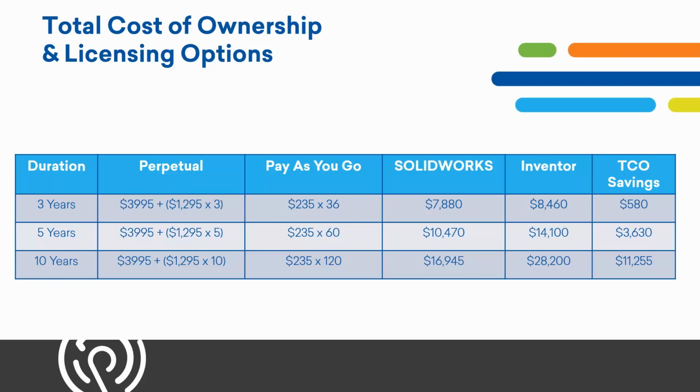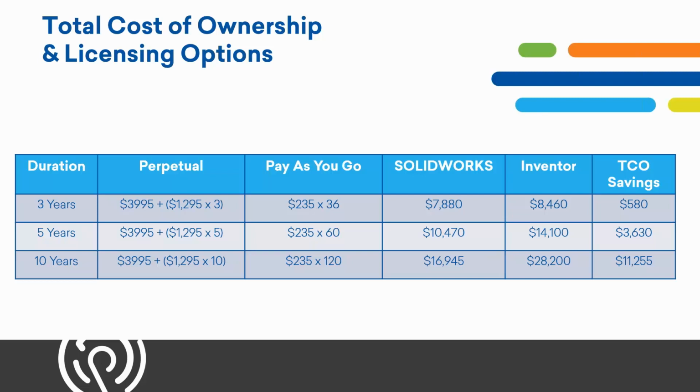Now other options are coming to market, and our competitors, namely Autodesk, PTC, Siemens, and the like, are offering pay-as-you-go models. They all have different names for those programs, but basically the way it works is you pay for the license every month, and when you stop paying, the software stops working. The first thing to think about when you're talking about cost of ownership is, what does that look like over time?